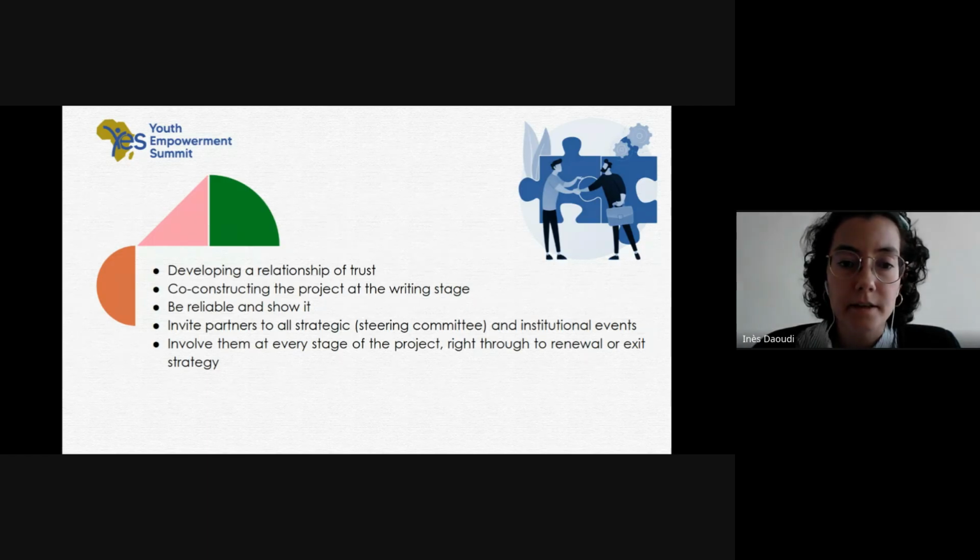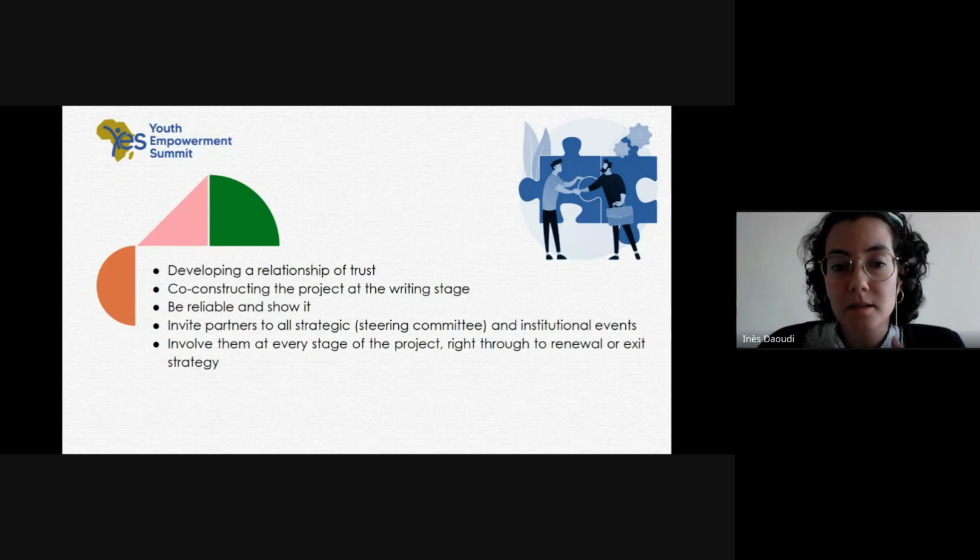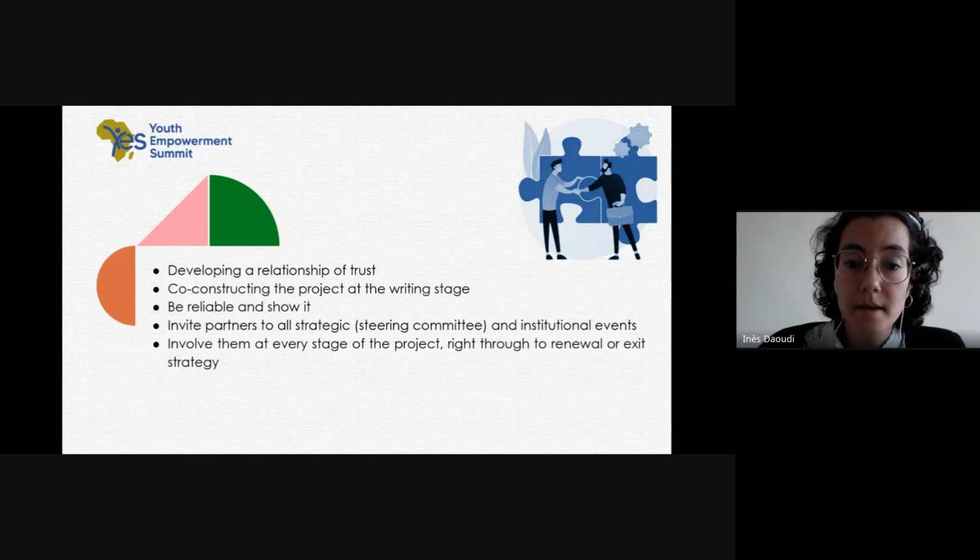Then, I've already started to talk about this, but the idea is being reliable and demonstrating commitment. So these are essential qualities for building and maintaining a trust-based relationship with donors. They want organizations that are credible, accountable, and committed to achieving their objectives.